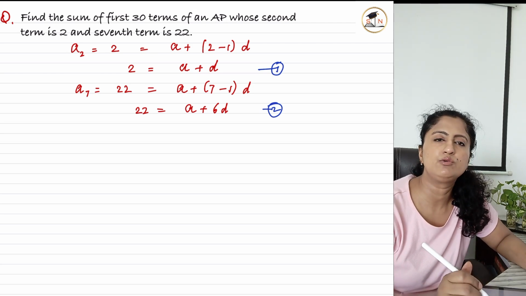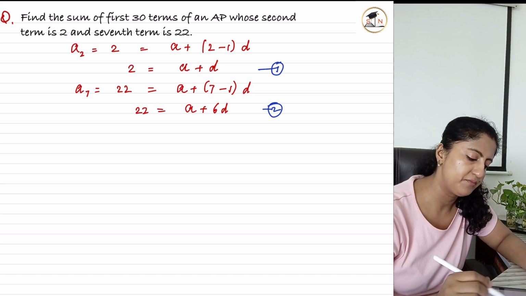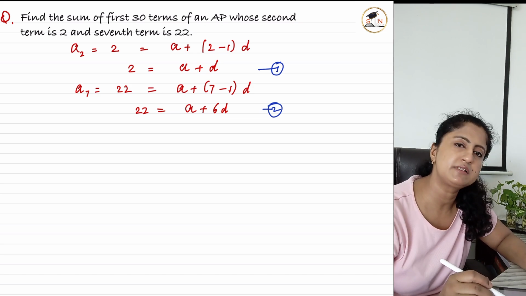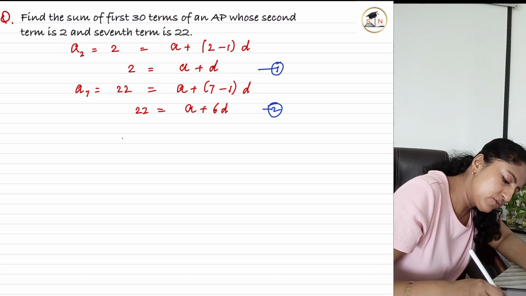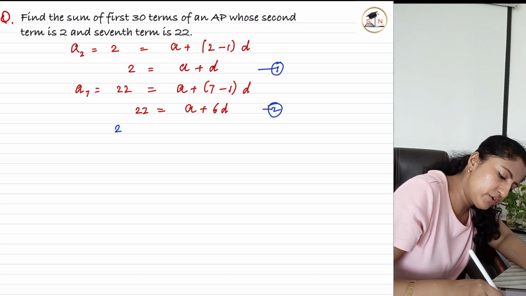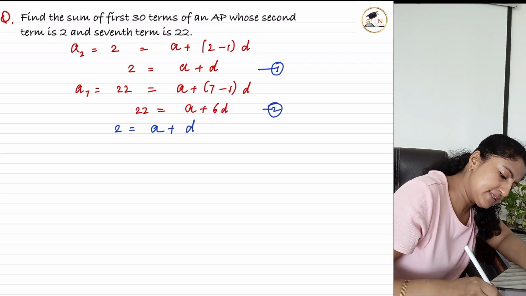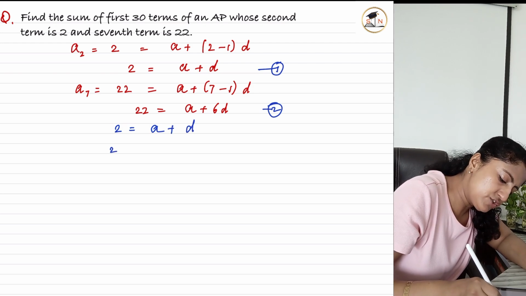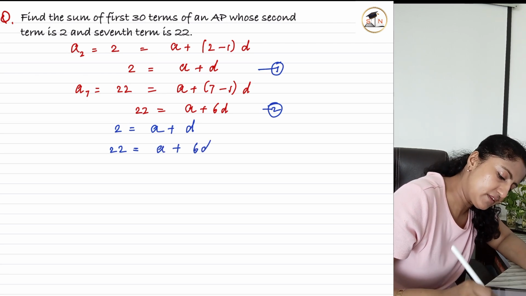What you have got are simultaneous equations in two variables. Okay. So you have unknown variables as A and D. We need to solve them. It's up to you whether you want to use elimination or substitution over here. However, since in these kinds of equations you generally have the same coefficient for A, I prefer using elimination.